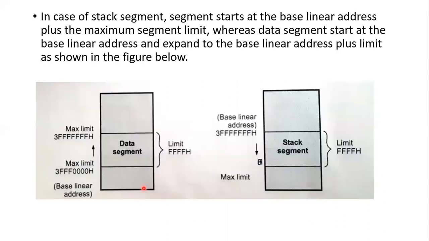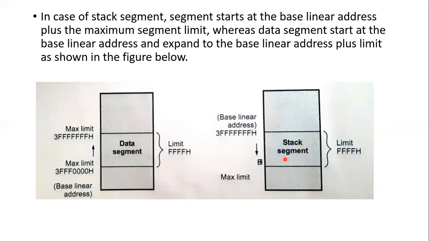Then there is a very important figure over here, as it will tell you the maximum limit and the expansion type, upward expansion and downward expansion. In the case of a stack segment, the segment starts at the base linear address plus the maximum segment limit. There are two types of segments here, data and stack.